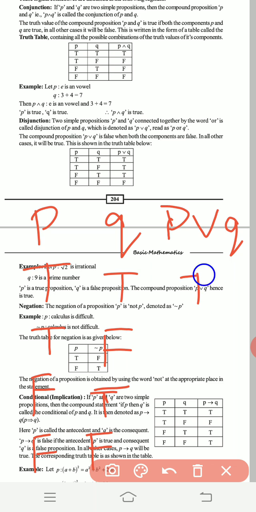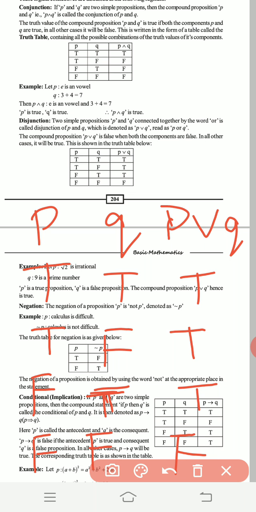In the first case, both are true. Therefore, that is true. In the second case, the first one is true, the second one is false. Therefore, it is true. If any one statement is true, then the compound statement is true. In the last case, both are false. Therefore, the compound statement is false.